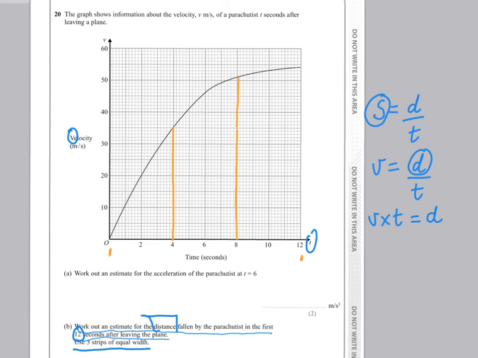Now, let's have a look at what we can do next. Well, my much preferred way is to make it into trapezia if you can. Okay, so trapezia is how we spell this, and it's the plural of trapezium.